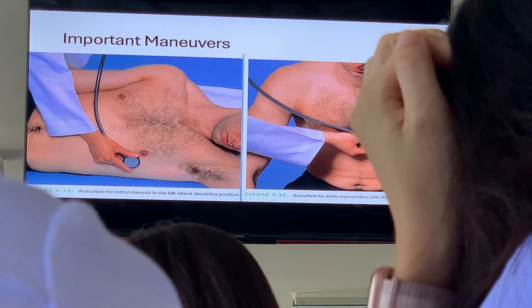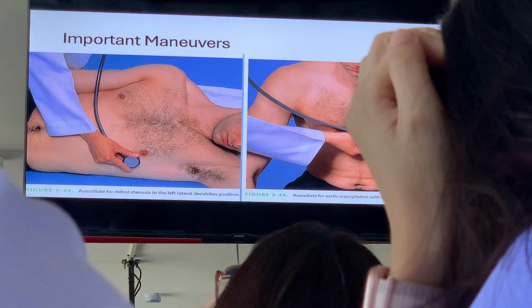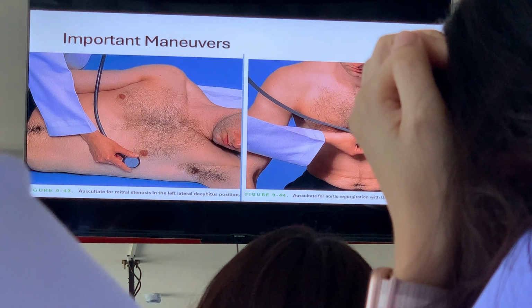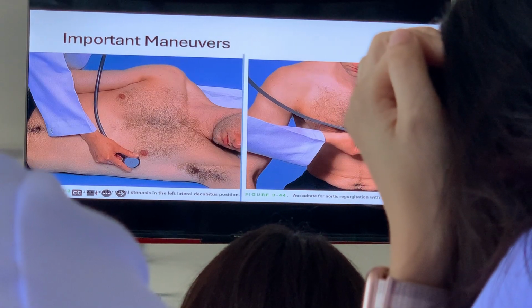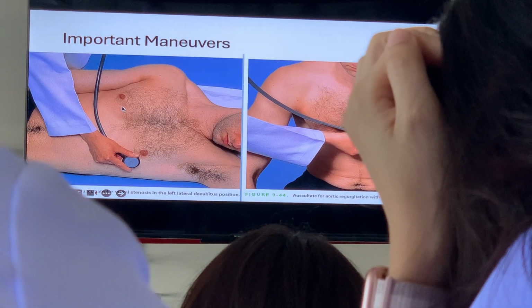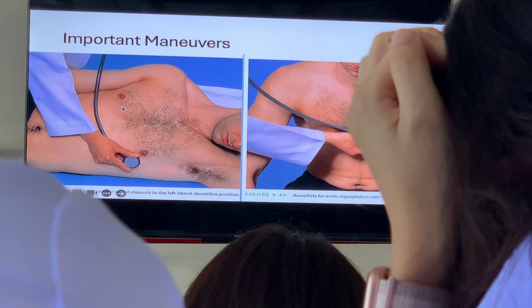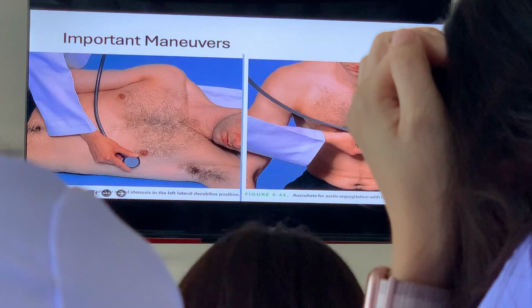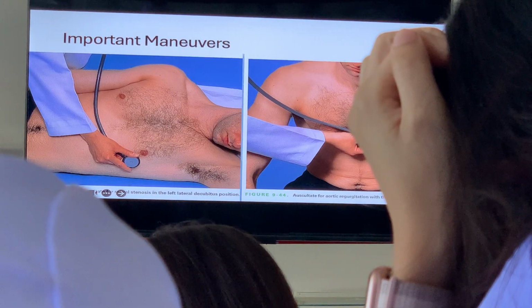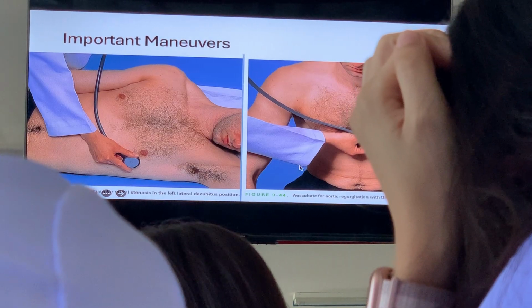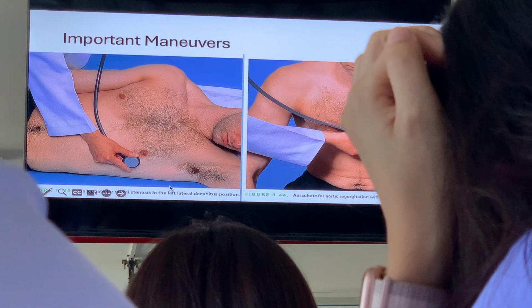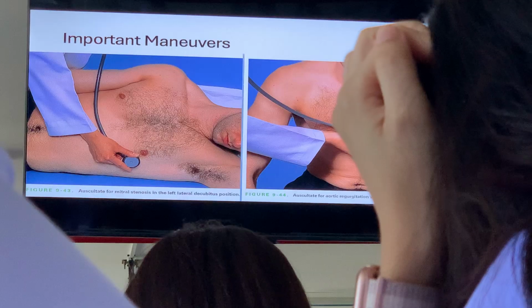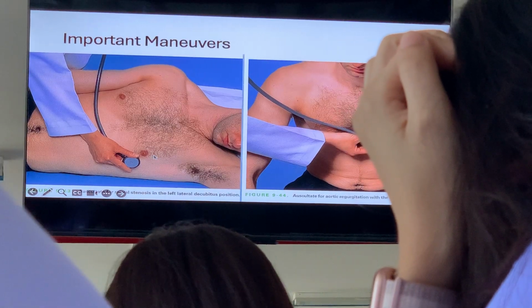So there are also important maneuvers. There are certain maneuvers that will help you identify a murmur further. For example, for mitral stenosis, you ask the patient to roll onto the left lateral decubitus position, which brings the left ventricle closer to the chest wall, and then you place the bell of your stethoscope lightly near the nipple line.